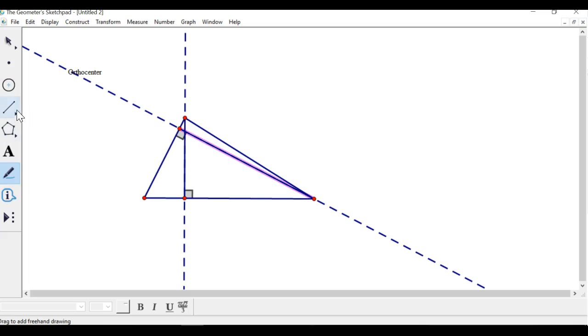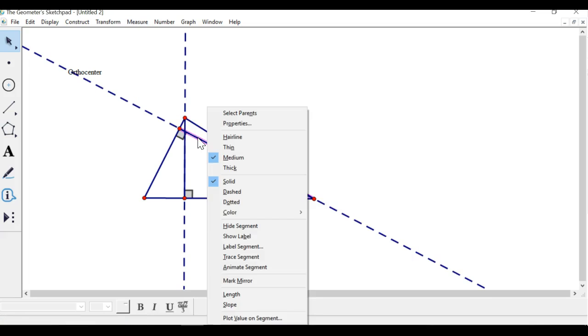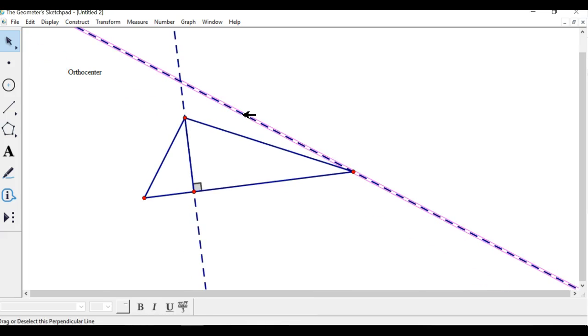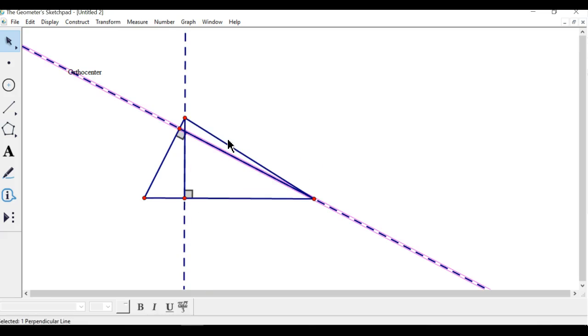And then finally, we're going to construct a third one from this vertex to that side. Alright, so the vertex to that side, and we're going to construct a perpendicular line.